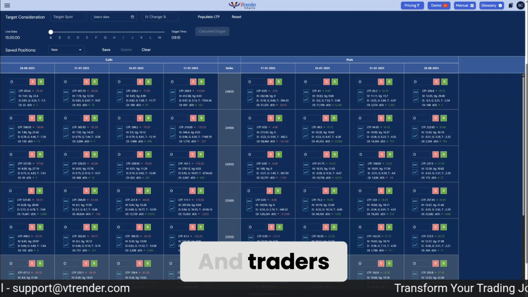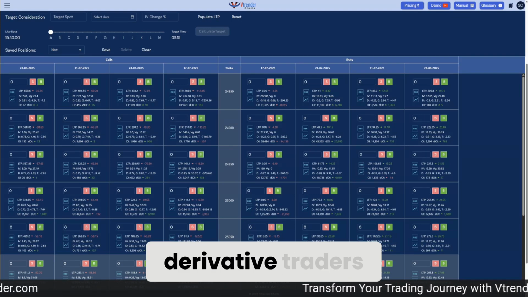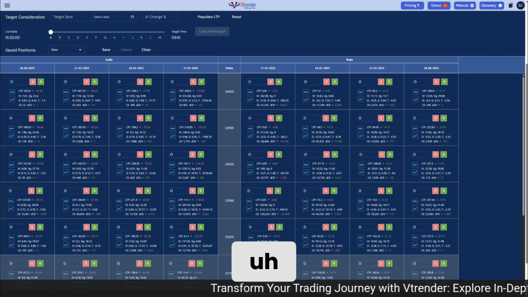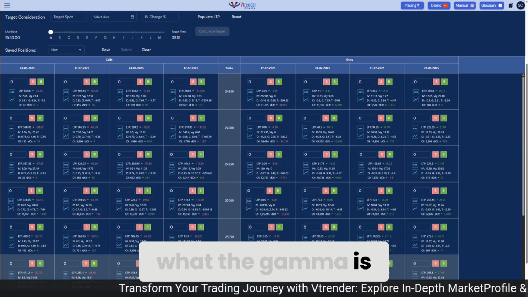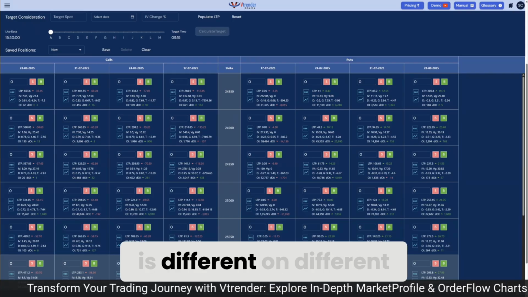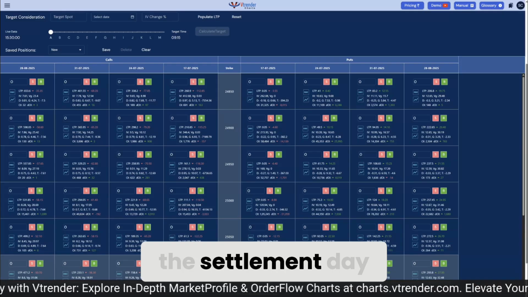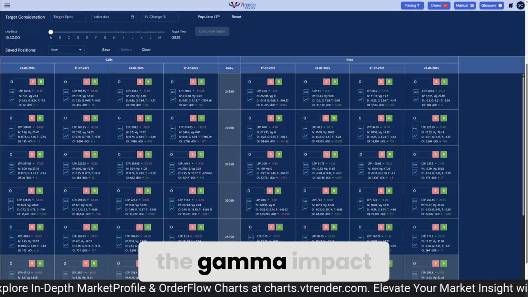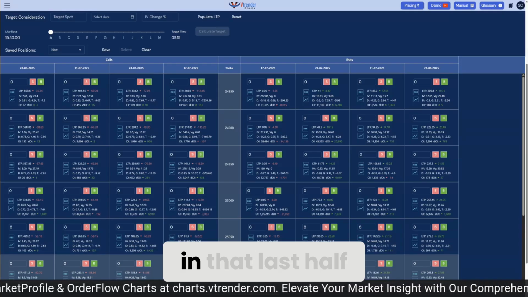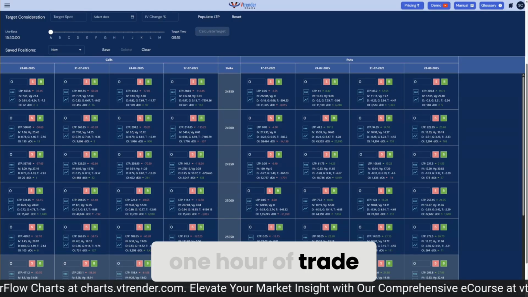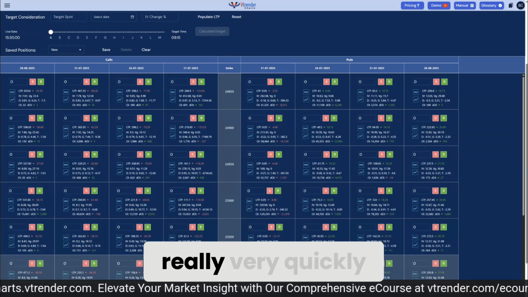Derivative traders, especially those trading settlements, need to understand what gamma is, because gamma is different on different days of the week and it's highest on the settlement day. This is why the gamma impact comes maximum in the last half an hour to 1 hour of trade, when moves are really quick.